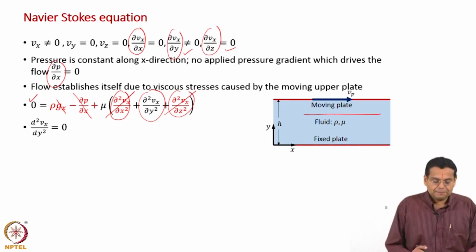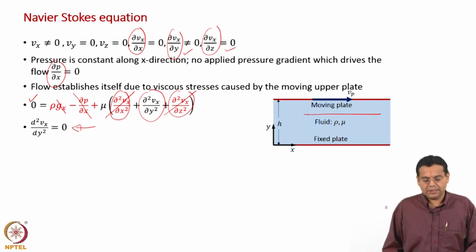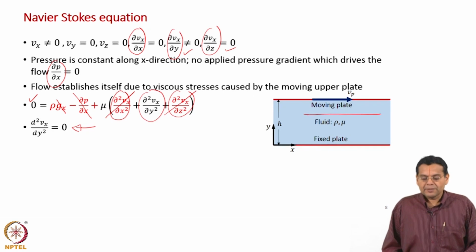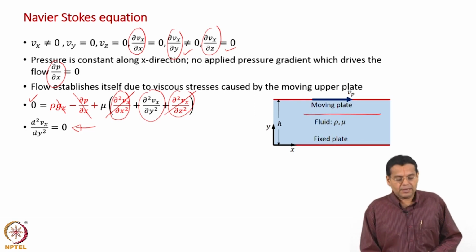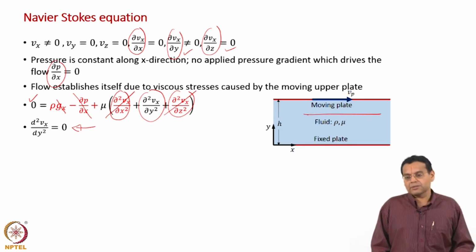So, we have reduced a formidable, very complex Navier-Stokes equation to a simple linear second order ordinary differential equation, thanks to the assumptions we have made. Otherwise it would have been very difficult, but we simplified the problem by making several assumptions, and so we result in an ordinary differential equation. In this case it does not even look like a Navier-Stokes equation, but do remember we started with the Navier-Stokes equation and simplified to this particular equation.